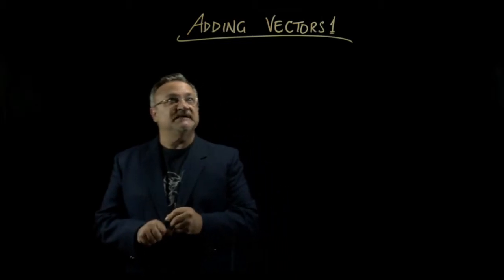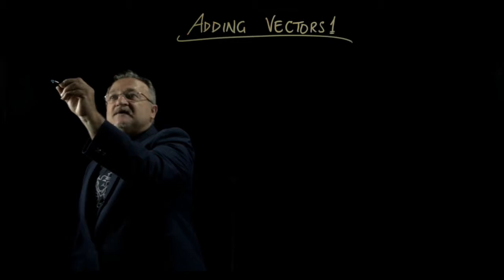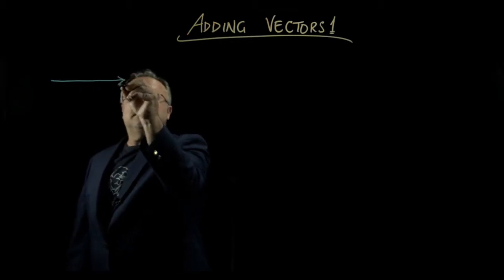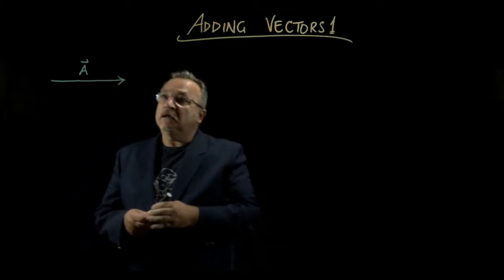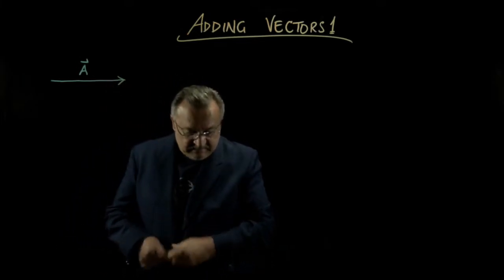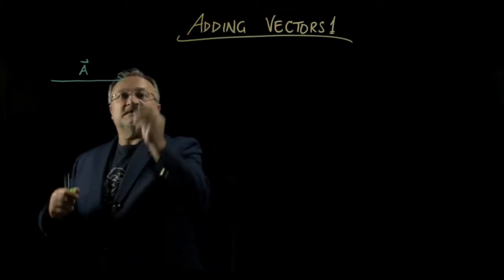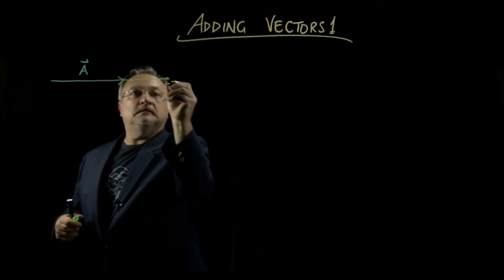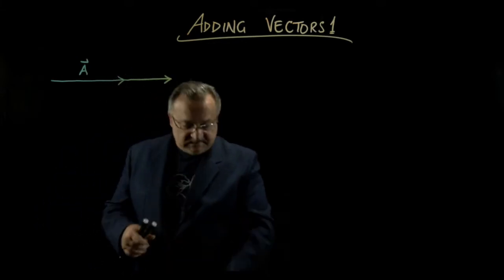So one dimension means adding them in line. So if we take a single vector, and we'll call this vector A, and we add another vector to it, we'll call this vector B, then what we do is we add them head to tail.